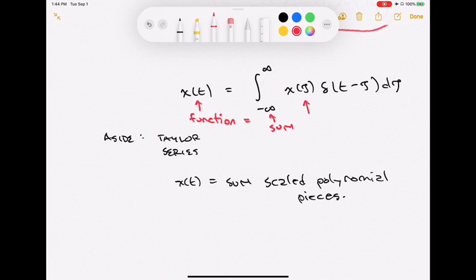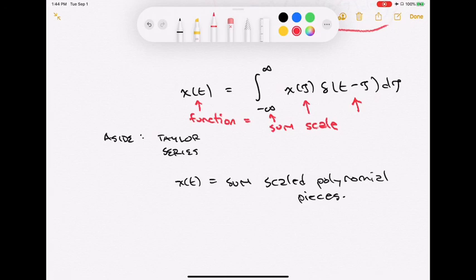x of tau is not a function of t at this point. It's just a scale factor with respect to the variable t. I know it's within that integral, but it's just a scale factor. So there are scale factors multiplying some time-varying functions. That's the delta thing. The only thing with a t on the right-hand side is the delta function.